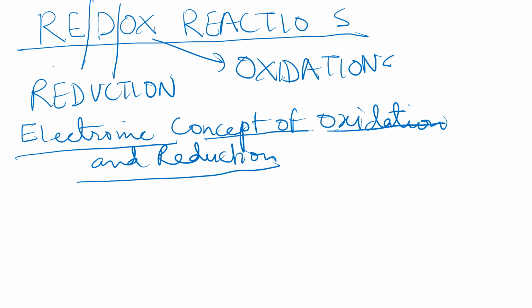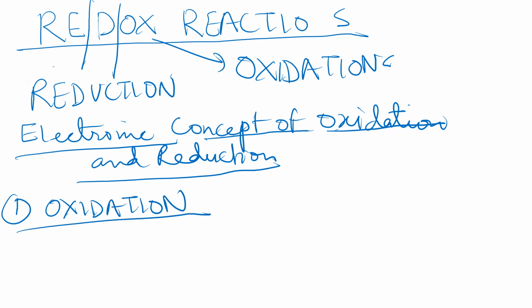So what is oxidation? First we will do oxidation. In a chemical reaction, when there is a loss of electrons by a reactant, it is called oxidation.